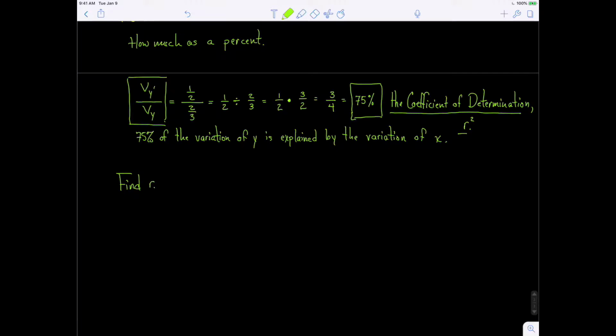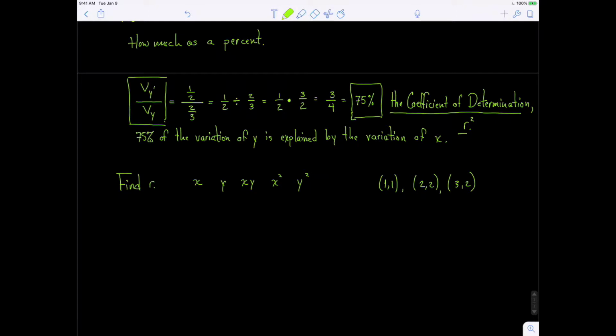Remember that r is the correlation coefficient. When we did that, we made a table of x, y, xy, x squared and y squared. Our data set is (1, 1), (2, 2), and finally (3, 2).